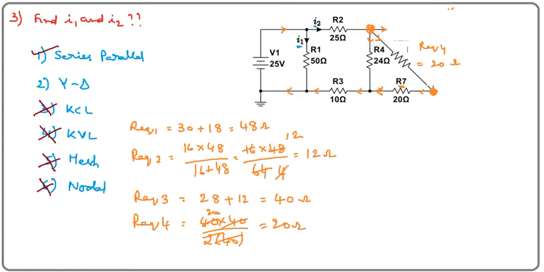The same current flowing from R equivalent 4 has to flow through R7 also. So these two are in series. So R equivalent 5 is equal to R equivalent 4, 20, plus R7, 20, which is equal to 40.